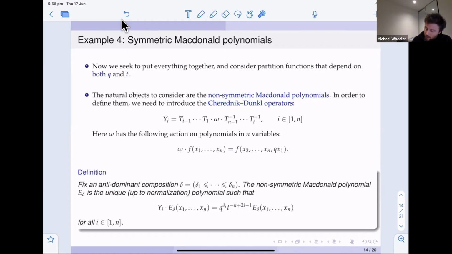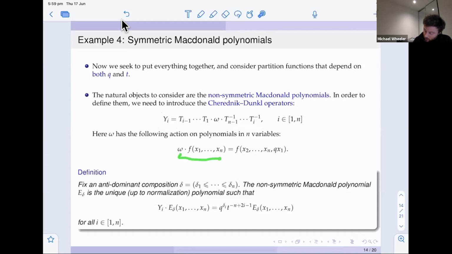So in the DAHA, you have some generators, which are called the Cherednik-Dunkl operators. And these are expressed as a product of Hecke generators and their inverses, combined with this generator here, which is the omega. And omega has quite a simple action on polynomials in n variables.